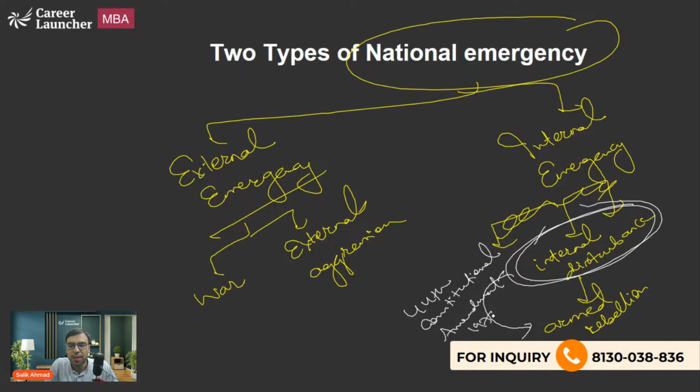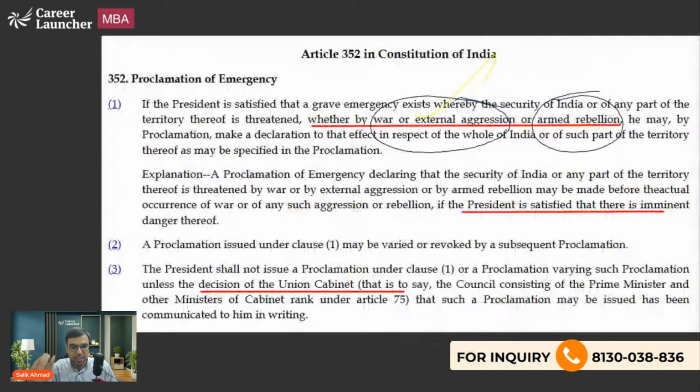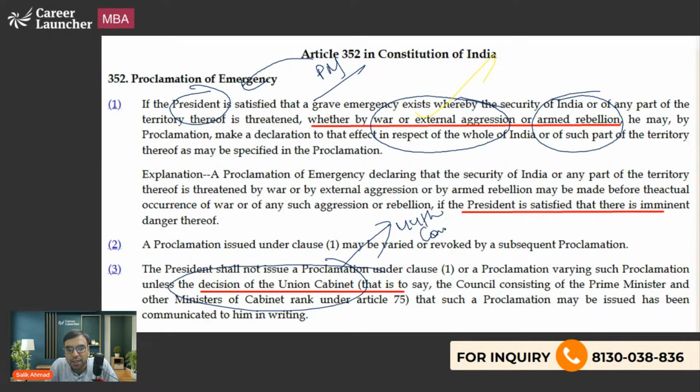That is what you should know. Now, one more thing was added. Earlier, the president declared national emergency on the advice of the Prime Minister. But after the 44th Amendment, you have to take the permission of all the Union Cabinet Ministers. This provision was also added by the 44th Constitutional Amendment 1978. That is what you should know.